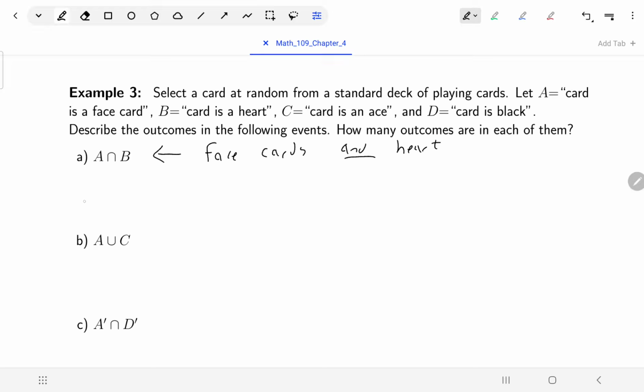Who's inside A intersect B? As far as face cards go, that would be jacks, kings, and queens. And being a heart, well, that's just a heart. So there's 3 possibilities here. Maybe it's the jack of hearts, or the queen of hearts, or the king of hearts. And there we go, we have 3 outcomes.